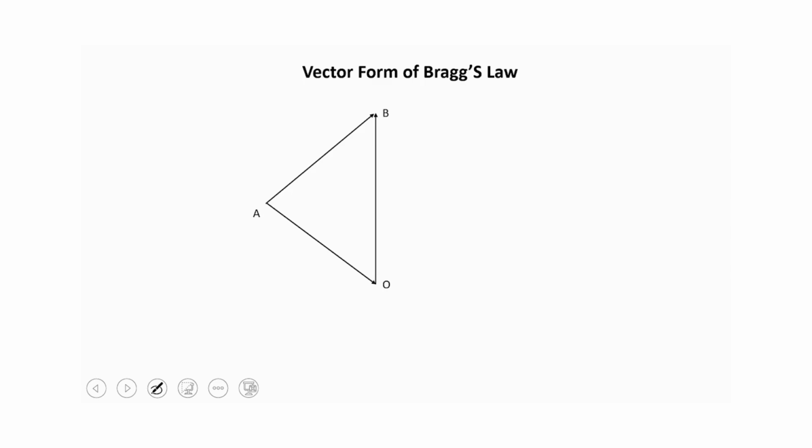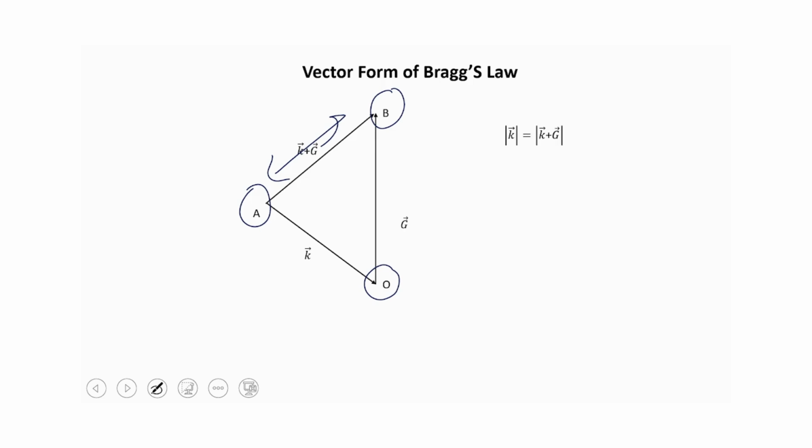For this, I have just taken the points O, A and B, and as in the previous figure, I denoted the vector AO to be K vector, vector OB to be G vector, and from the triangle law of vector addition, we can see that vector AB will be the resultant of vector K and vector G. Also, as AO and AB are the radii of the same sphere, their magnitudes should be the same.